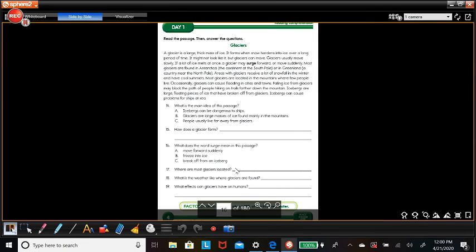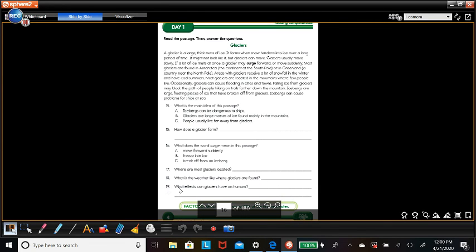This is another question that should have at least two sentences. I know this line is little, but you're great problem solvers, so go get a piece of paper and answer the questions on that piece of paper so that they're 2 sentences long. Here's question 18. What is the weather like where glaciers are found? Another answer that should be 2 sentences.